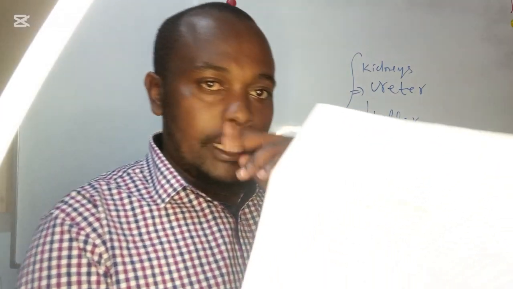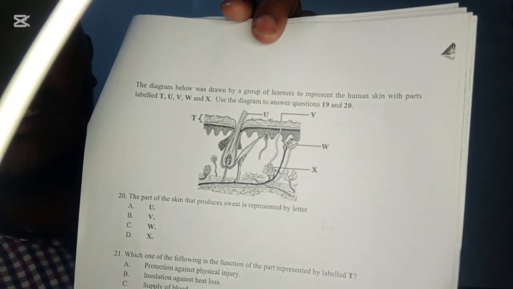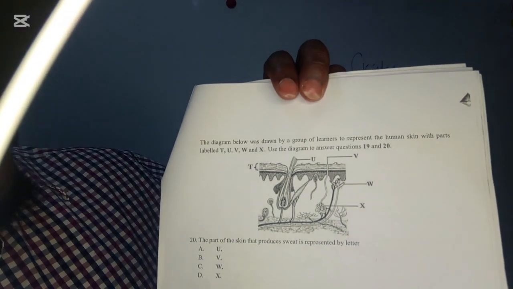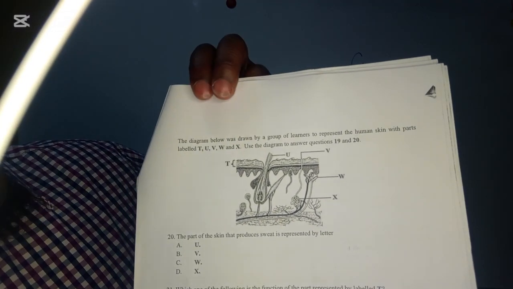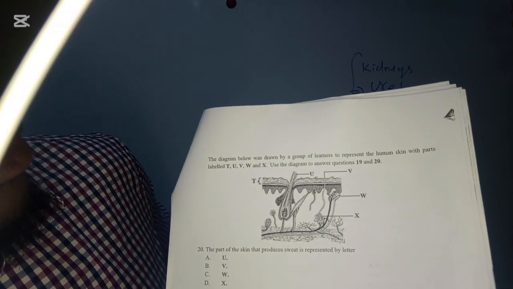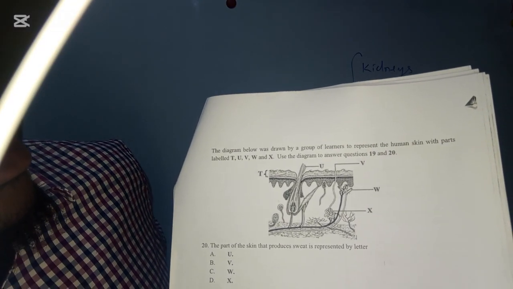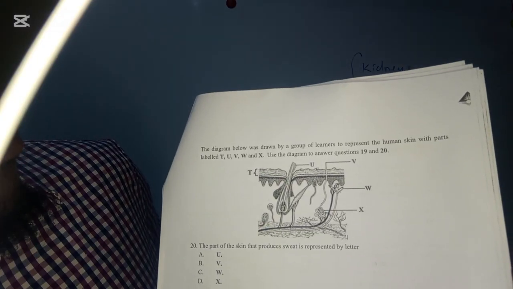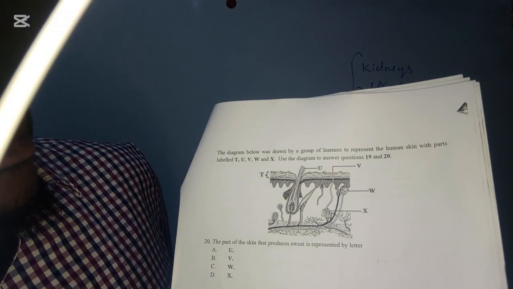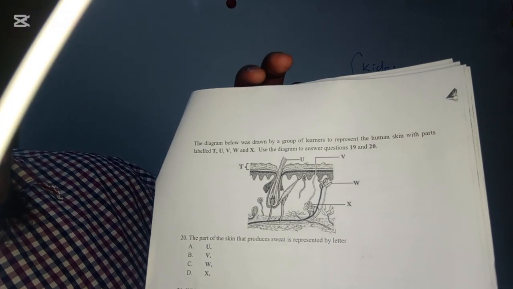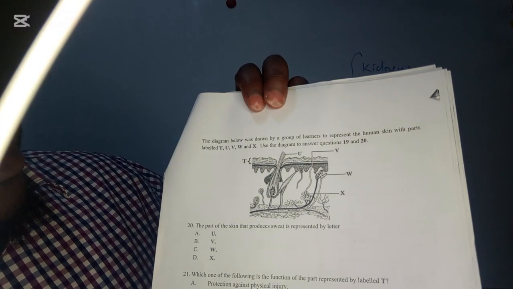Question 20 has provided the image of the skin, the internal parts of our skin. You are told the diagram below was drawn by a group of learners to represent the human skin with the parts labeled T, U, V, W, and X. Use the diagram to answer questions 19 and 20.